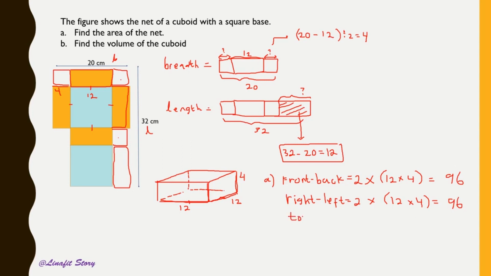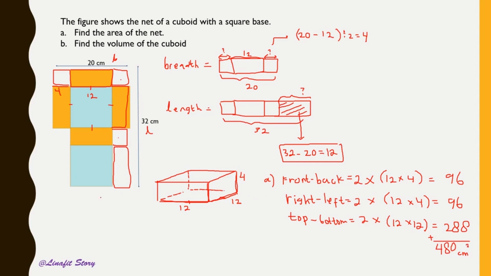And then the top and the bottom. 2 times 12 times 12 equals 288 square cm. So the total is 96 plus 96 plus 288 equals 480 square cm.